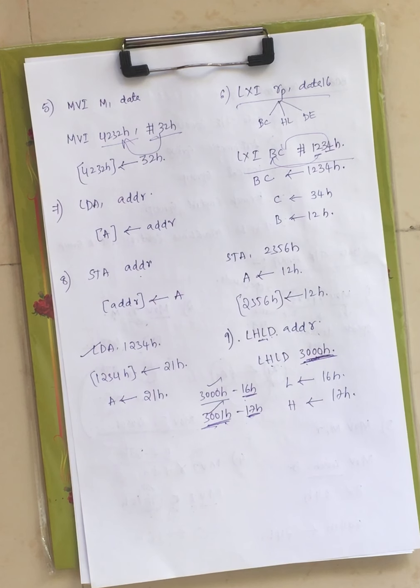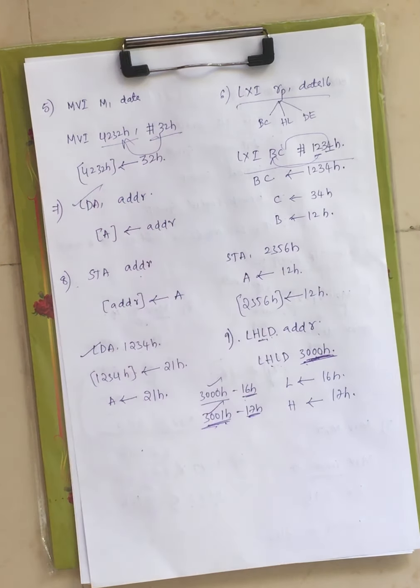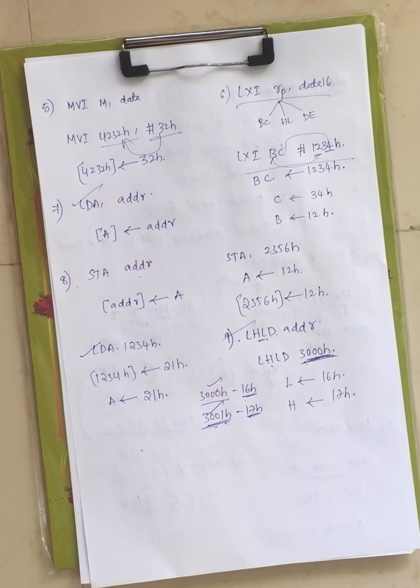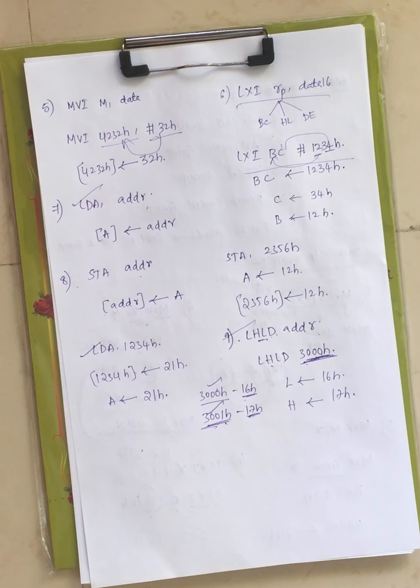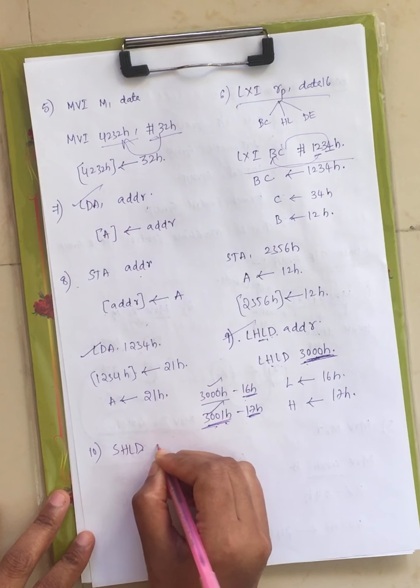If you are going for 8-bit data, you can use LDA address, to load into the accumulator or any other register. If you want to load 16-bit data, you have to use this instruction. Now coming to the 10th instruction, that is SHLD address.